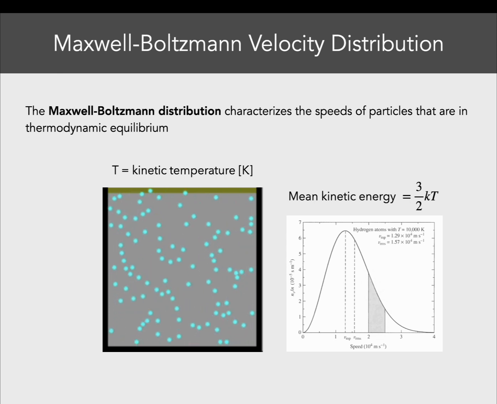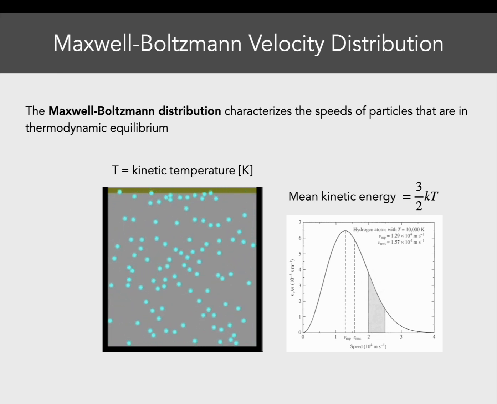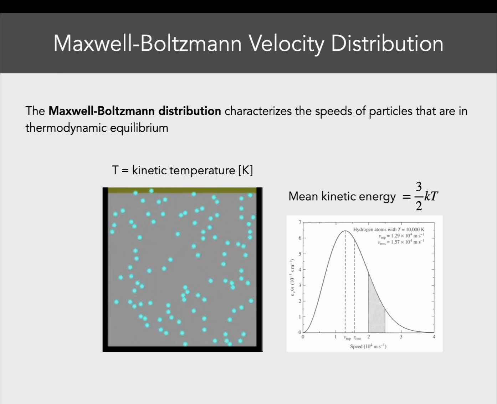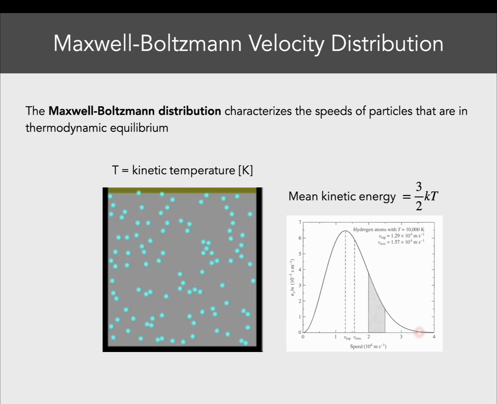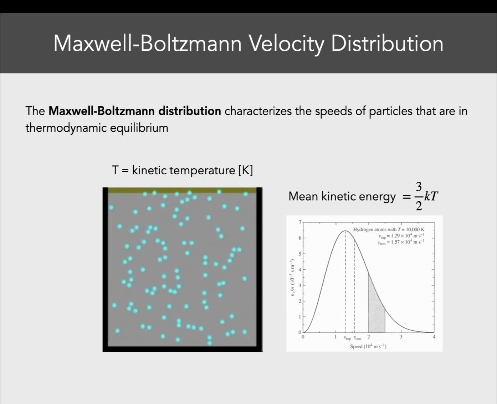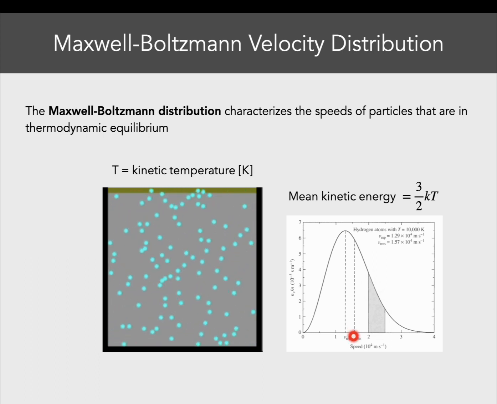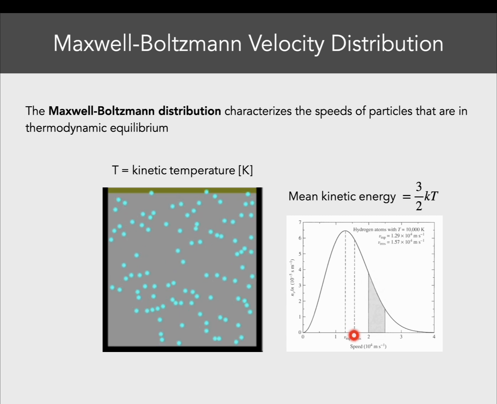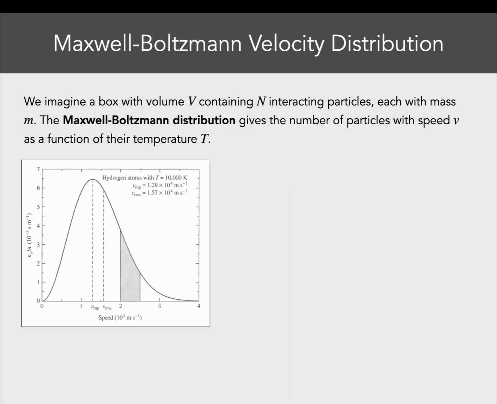If you look at the simulation, you might every once in a while catch a particle going super slow, but it's pretty rare. Also, sometimes you can catch some particles going super fast just by chance, but again, that's pretty rare. Usually what you see are speeds that are somewhat around the RMS velocity indicated by this second dashed line.